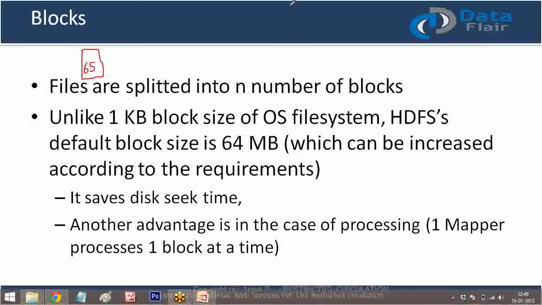Correct, 2 blocks will be there. Mohit and Sandal, it's correct, I think you two answered. What about Mani and Pratik? 2 blocks, right?